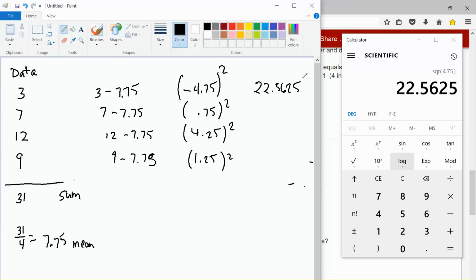I'll take my 0.75 and square it to get 0.5625. I'll take my 4.25 and square it to give 18.0625.